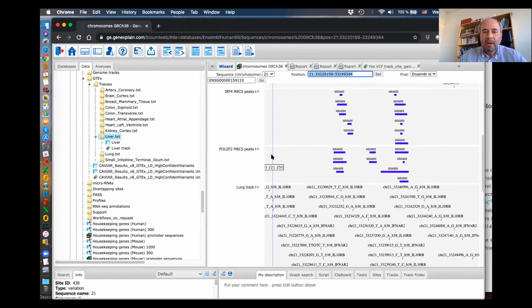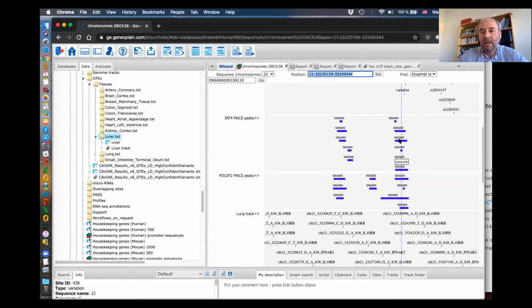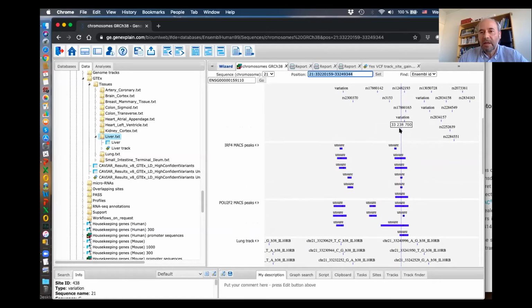In addition, we can map here ChIP-seq data which we get from the ENCODE project, which was done for IRF transcription factors. And again, you see that there are a number of ChIP-seq peaks located exactly at those SNPs.